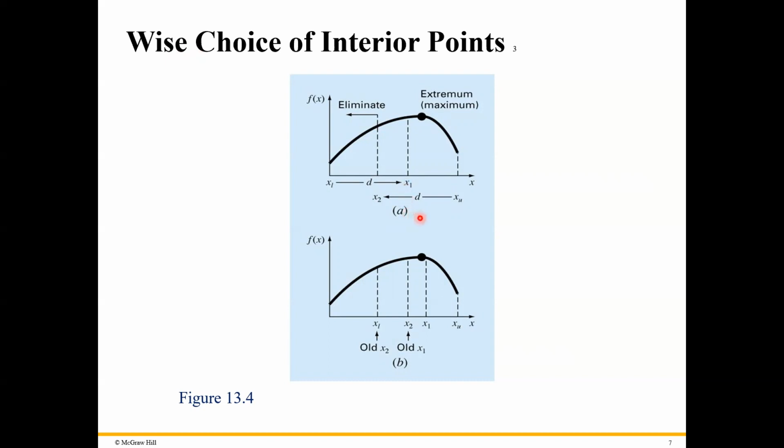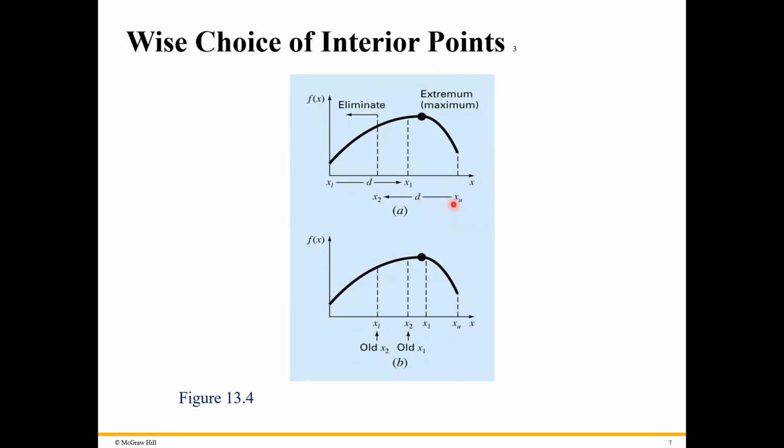in such a way that this point x1 will be at a distance d from xl, where d is the distance determined by the golden ratio multiplied by that interval.